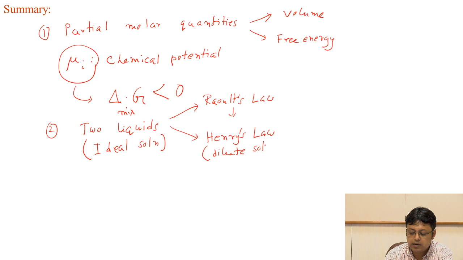So it is for ideal dilute solutions. And then we discussed the molecular origin for Raoult's law and Henry's law, why it is valid in one limit and why the other one is valid in the other limit.